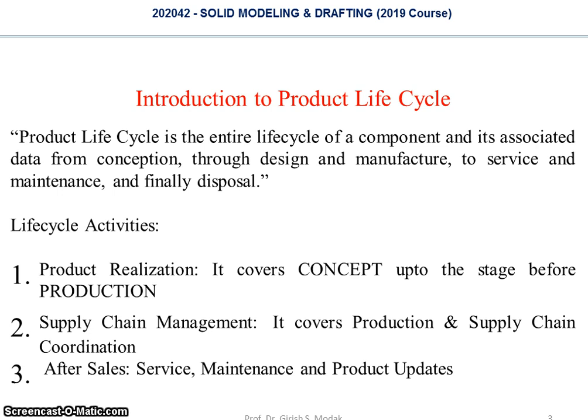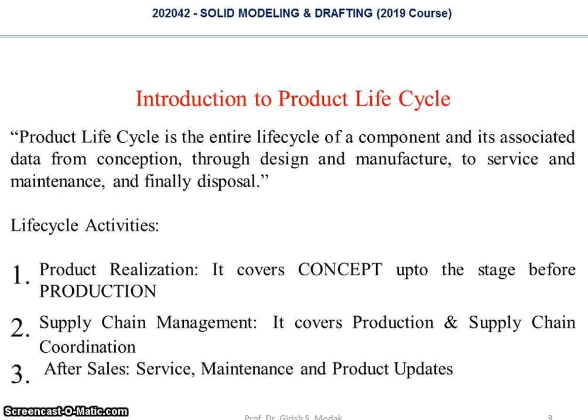Then in product life cycle there are a few activities which are called life cycle activities. Those are product realization, supply chain management, and after sale service. Realization means actually from concept to production. Any product is first conceptualized, and after passing through the important step called design, it reaches the production level.